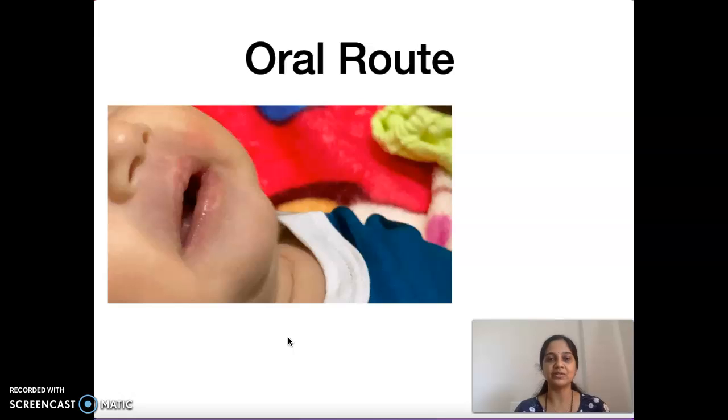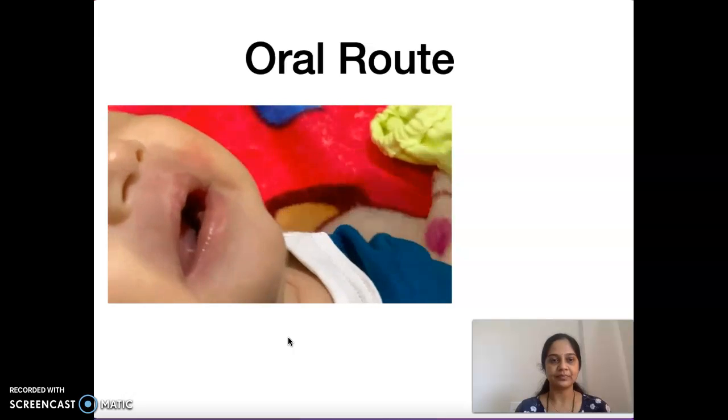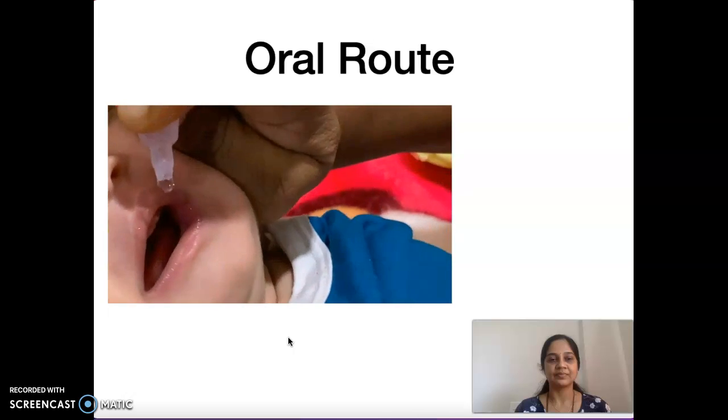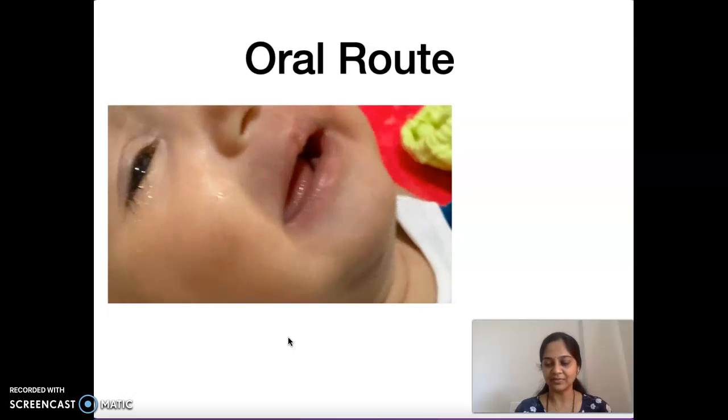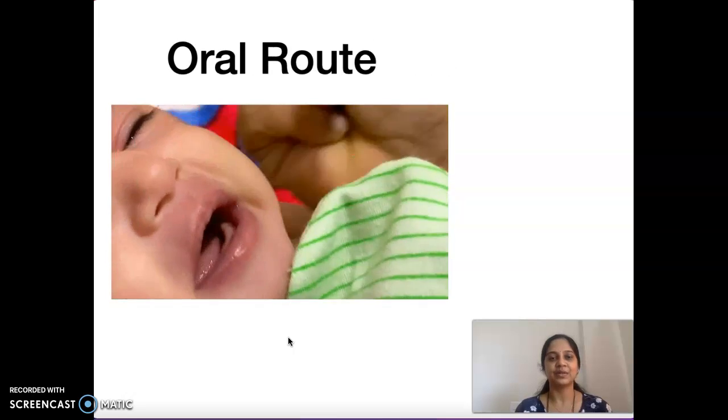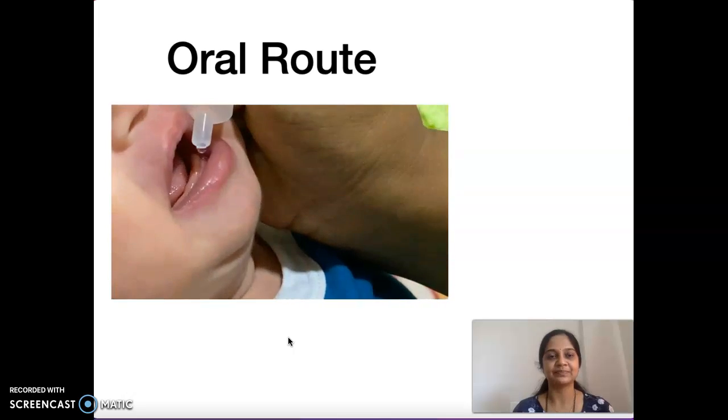When we give OPV it is 2 drops, and in the Rota vaccine it is 2.5 ml. We need to be patient when we administer 2.5 ml vaccine through the oral route. The nurse will hold the child's head at 45 degree angle so that the vaccine contents are easily administered. 2 drops of vaccine are given in oral polio, and Rota has 2.5 ml of vaccine.